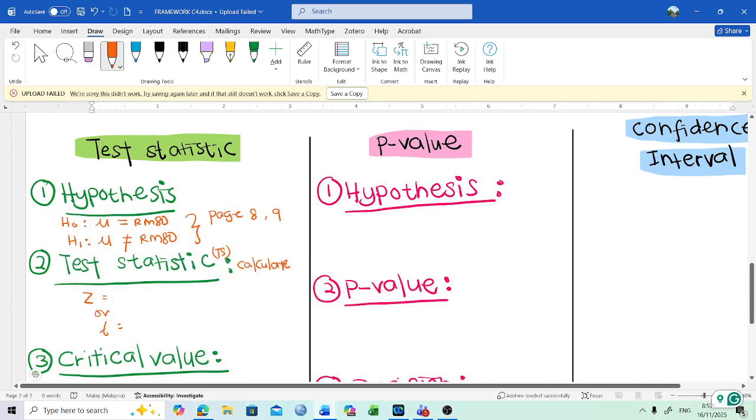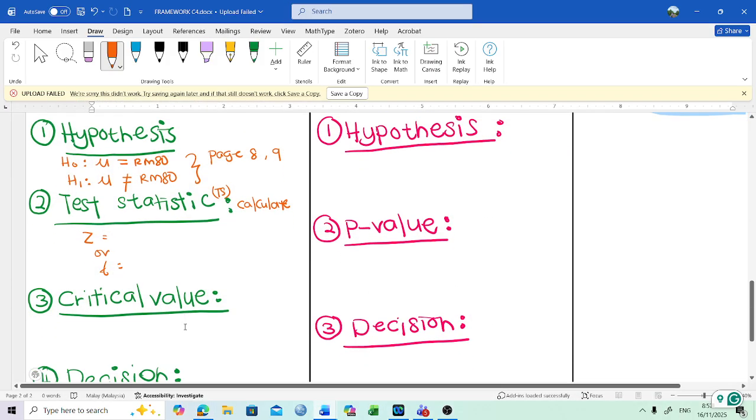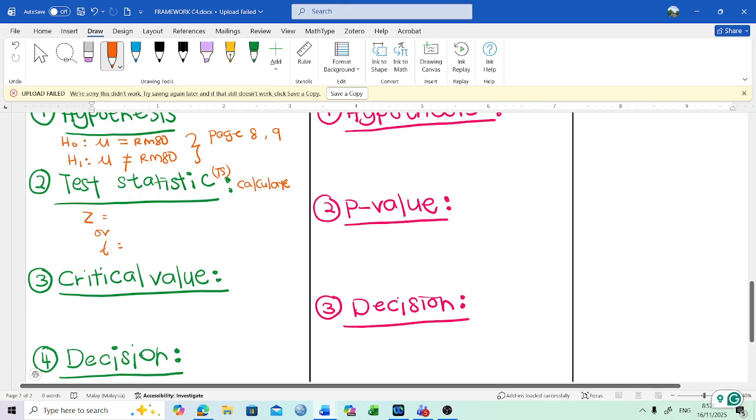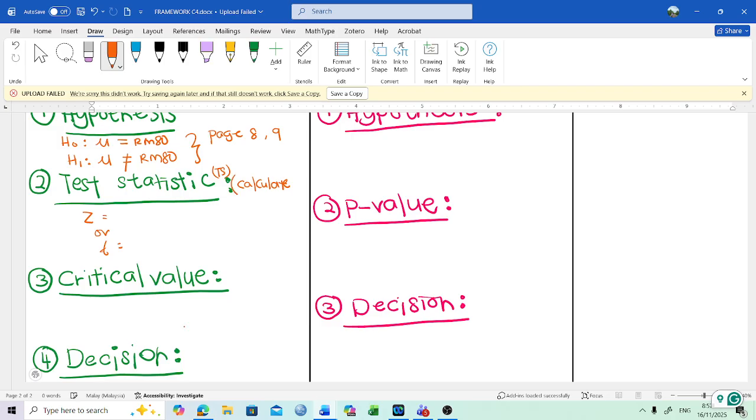Then we go to the critical value. Critical value, CV, the one that I showed you just now. If the TS you need to calculate, then the CV you take from the statistical table. For the CV, you need to know whether your hypothesis is one tail or two tail. One tail is either the greater than symbol or the less than symbol. If it is two tail, then the unequal symbol.